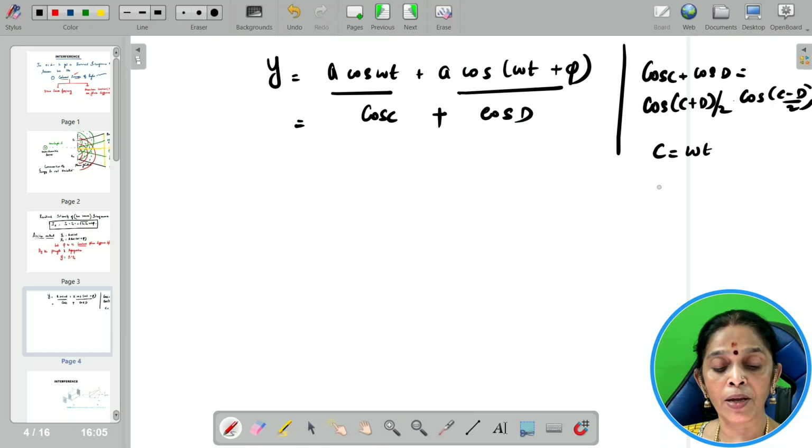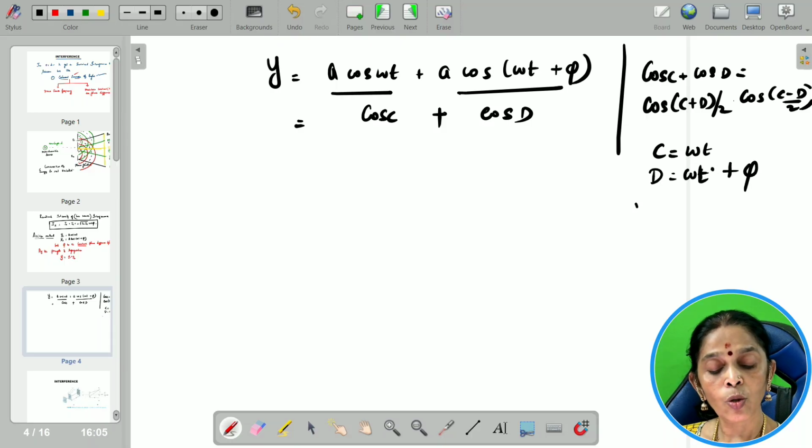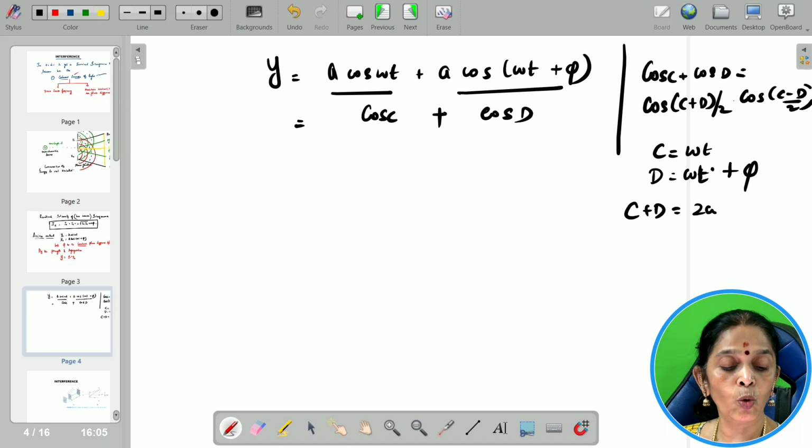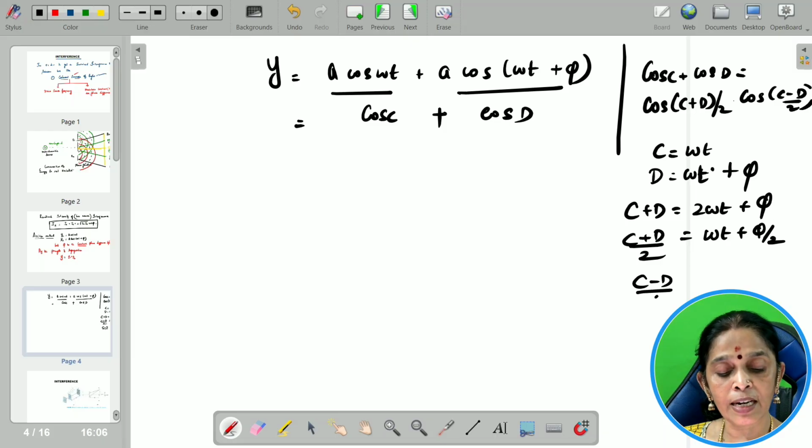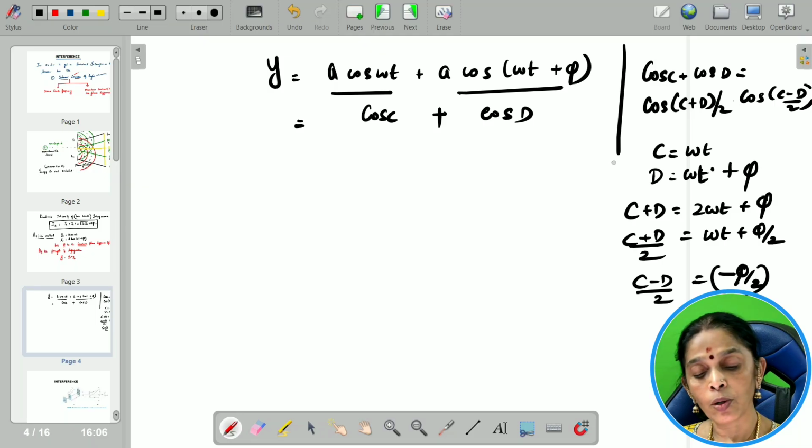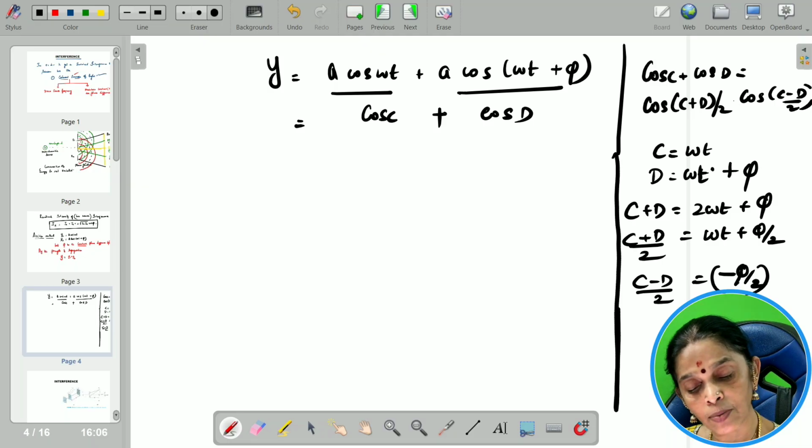C is omega t. What is D here? Omega t plus phi. So what is C plus D? 2 omega t plus phi. What is C plus D divided by 2? That is omega t plus phi by 2. What is C minus D divided by 2? Minus phi by 2.